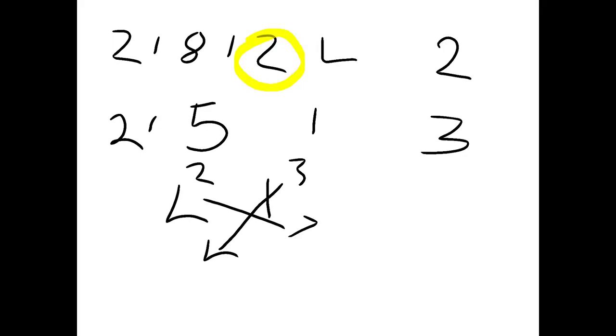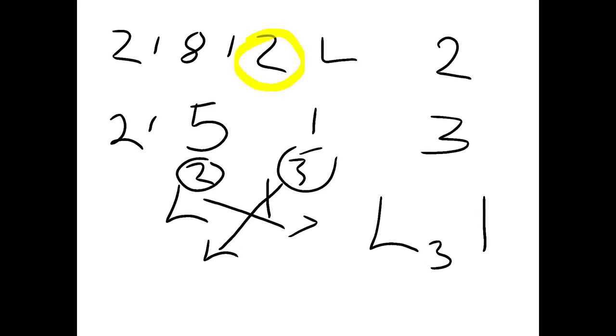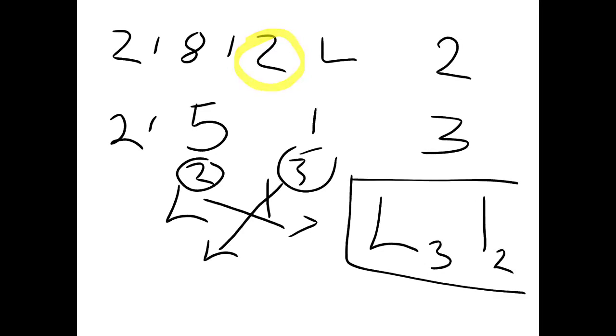When we interchange these valencies, we will have L. This 3 now comes here, and then we have I. This 2 comes down here, and that is the formula of the compound that is formed when L reacts with I.